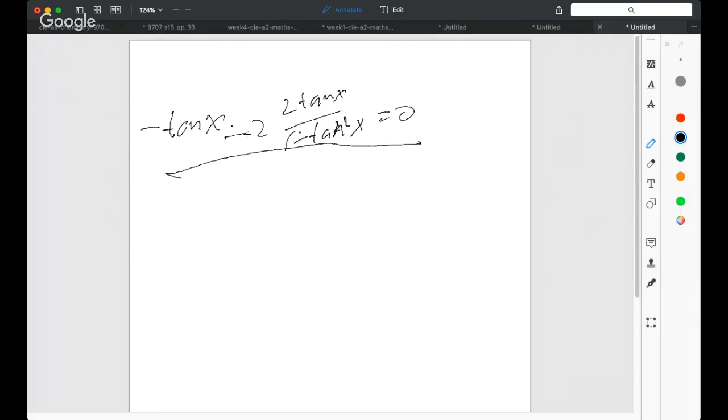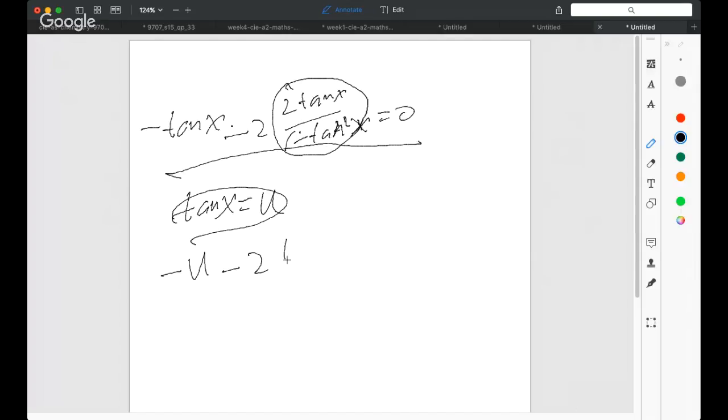I think the easiest is to say that tan x is equal to some variable u. So the equation now becomes minus u minus 2 times 2u over 1 minus u squared equals 0, and then we can solve for x later on. Is this one much easier?